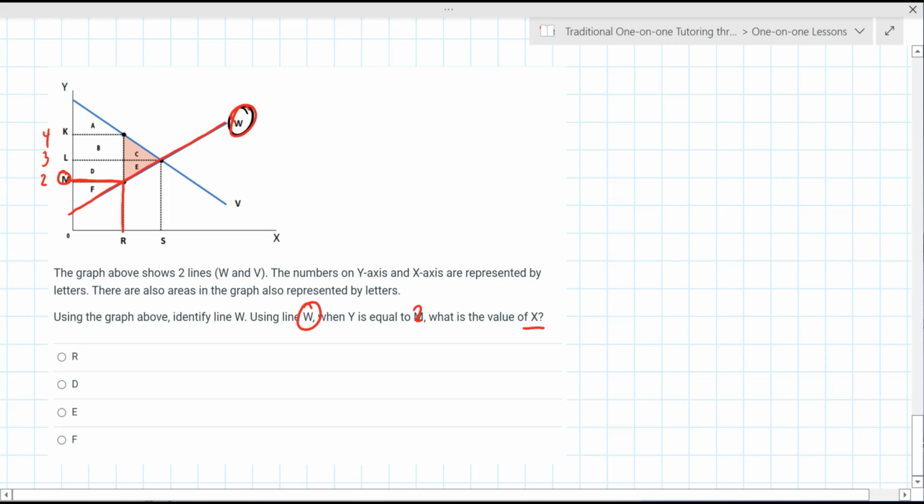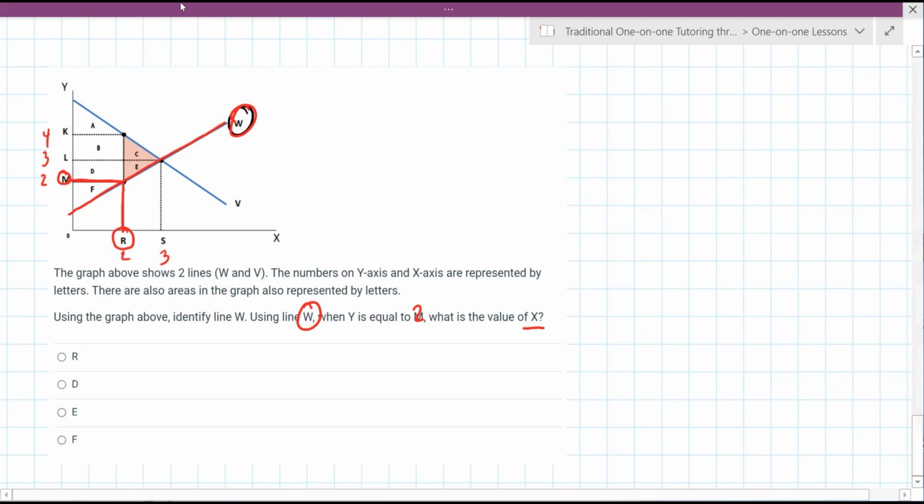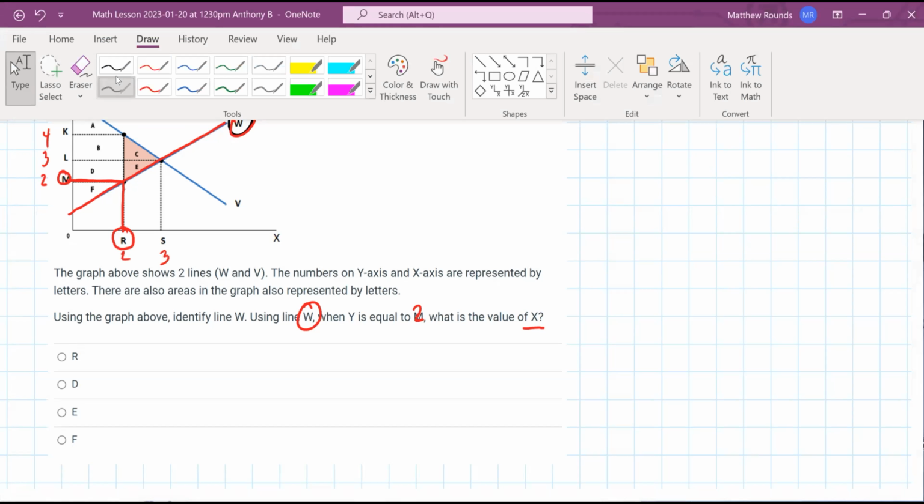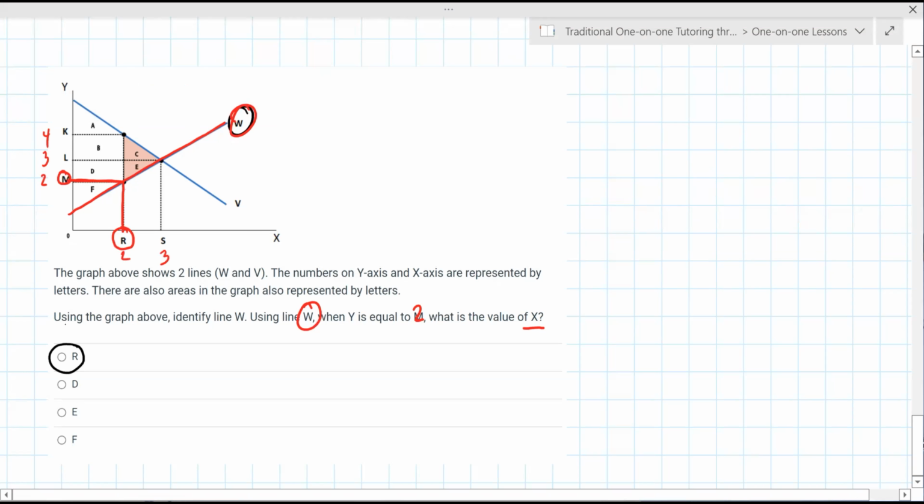When y is 2, what is the value of x? It's this value down here. It's r. It's just asking where you hit the curve. They're just making it complicated by using letters instead of numbers. That's why sometimes it's good to use numbers if you're really unsure.